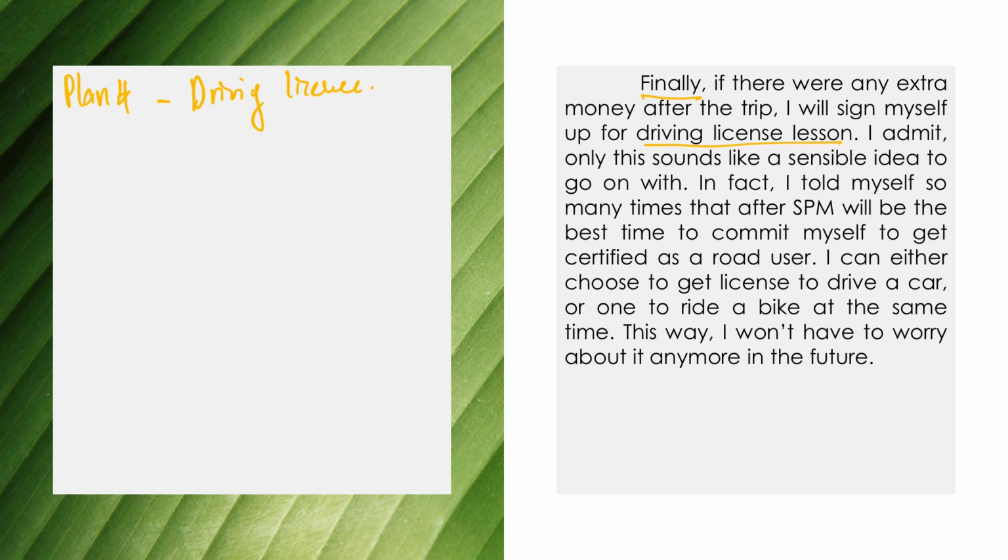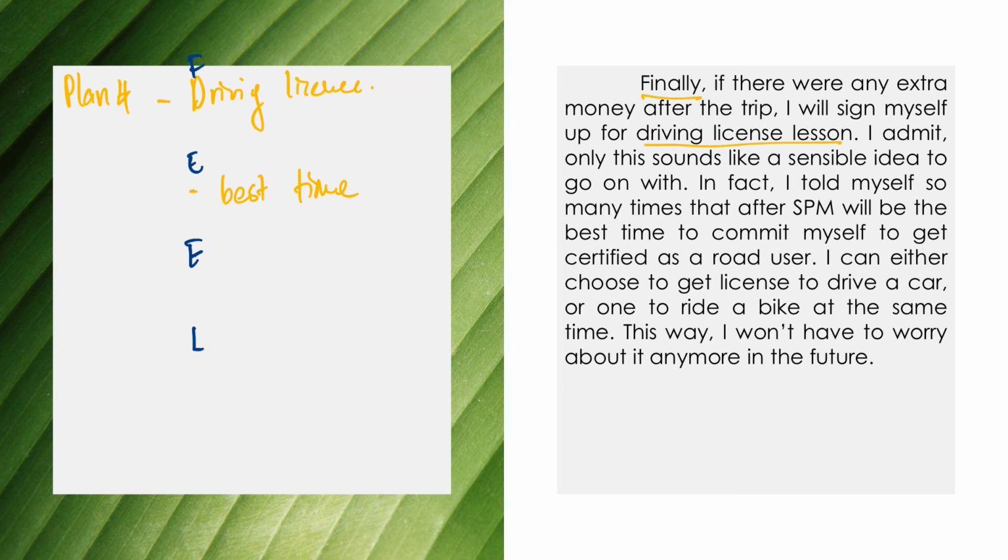So again, fact, elaboration, example, and link. So that's the bare fact here. Best time, because you need to go for so many classes, so many workshops before you can sit for the test, right?